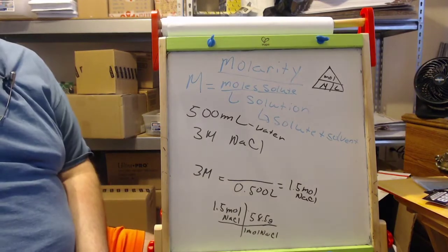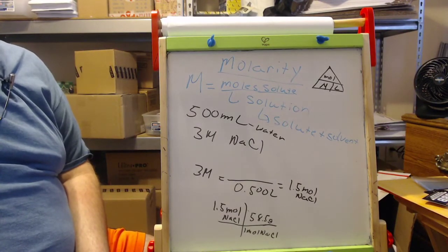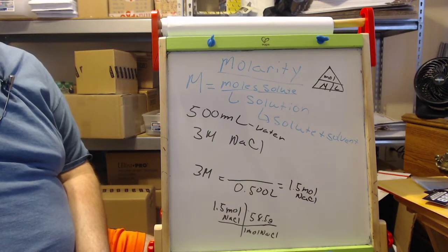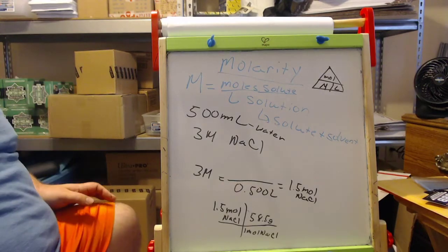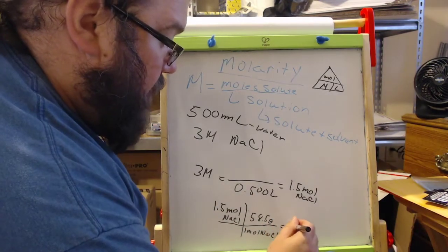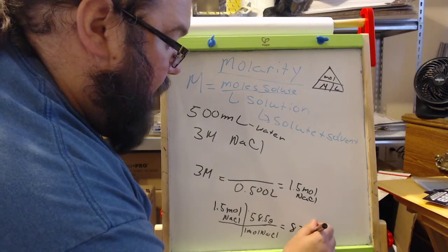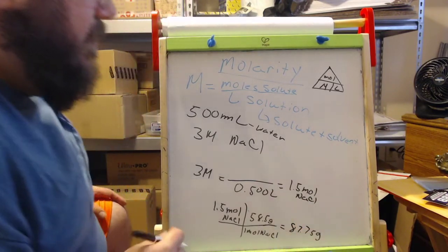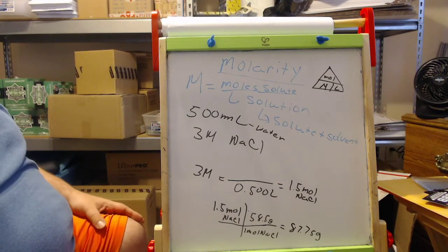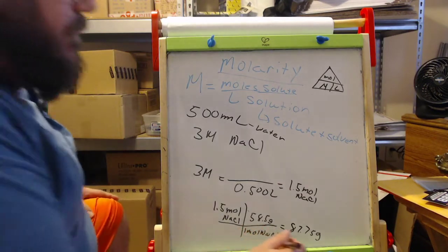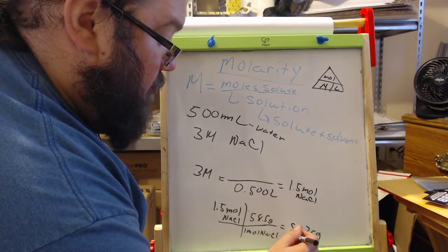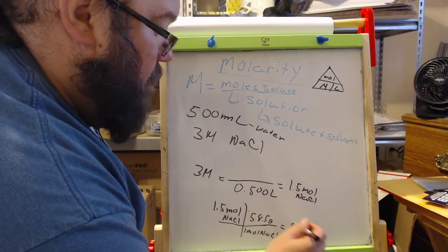Let's bring up a calculator. 58.5 times 1.5. It's going to be roughly 90. Yep, 87.75 grams.